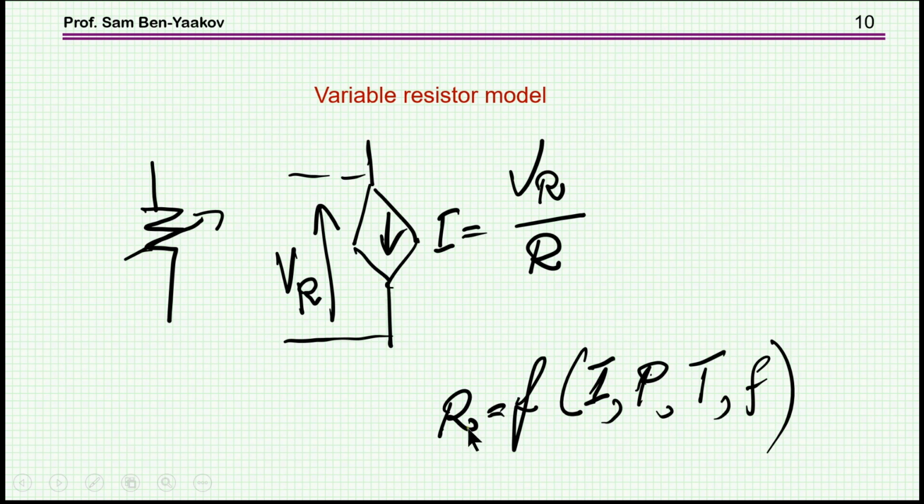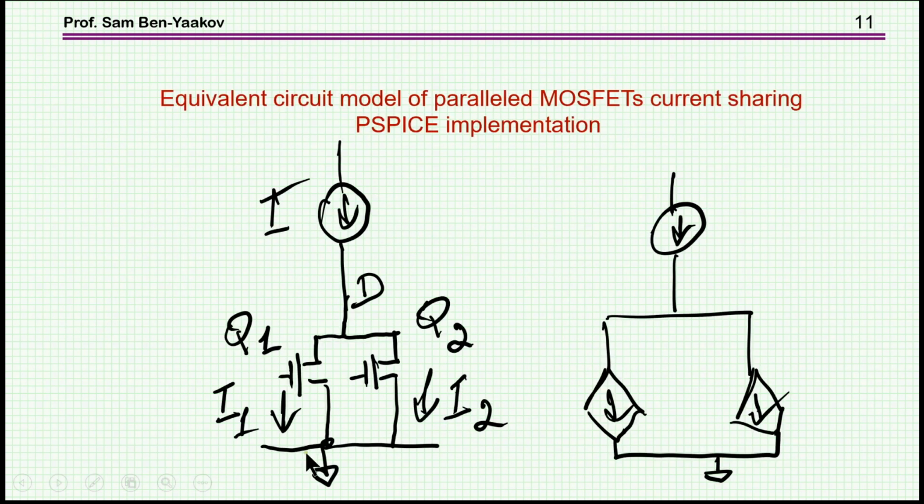But if R is a function of other things, for example, in our case, the current or the power, then it becomes a variable resistor depending on the value of this element here.